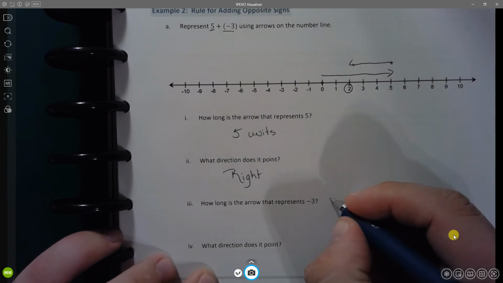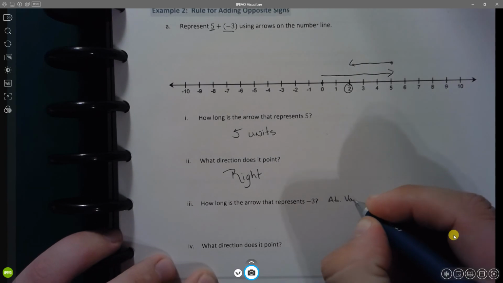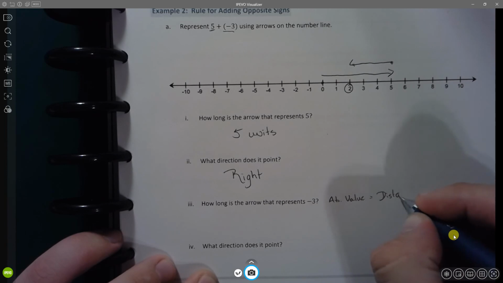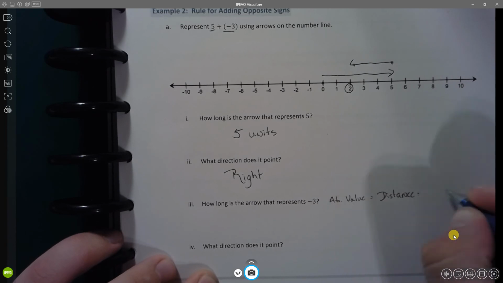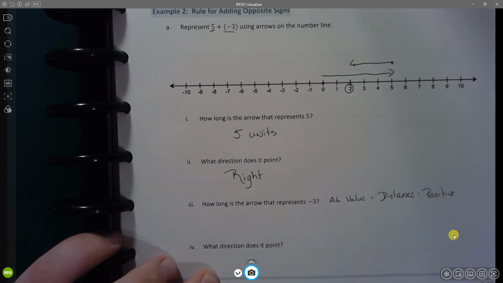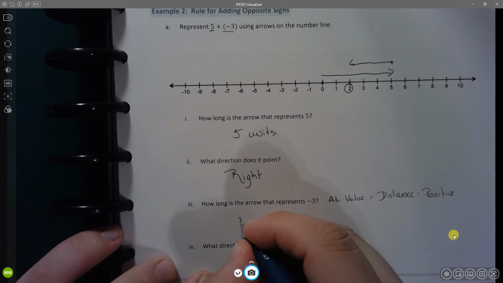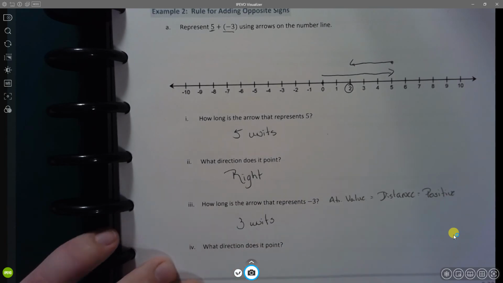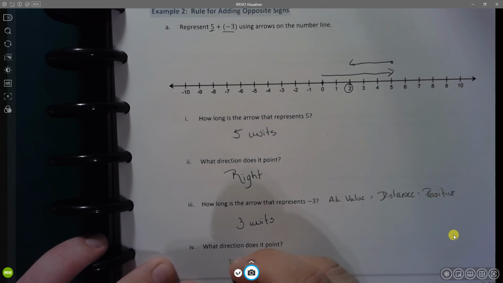Absolute value equals distance, and distance is always positive. So the arrow is 3 units long. What direction does it point? We're going in the negative direction, so it's going to be left.